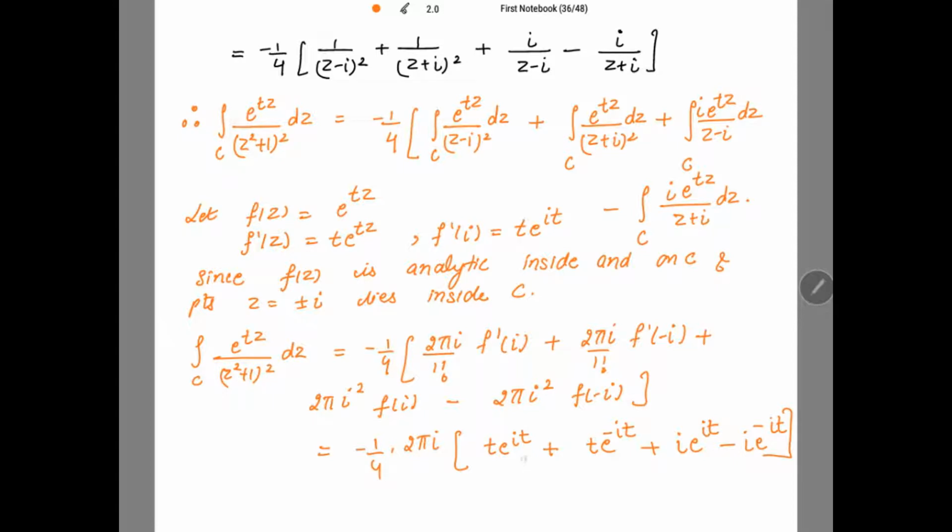So if we collect the first two terms and the last two terms, we have to make the formula for cos of t and sin of t.